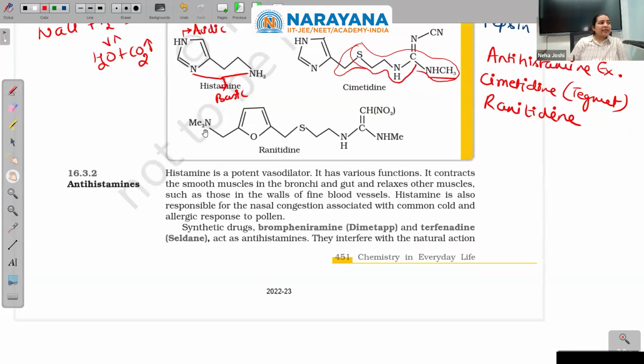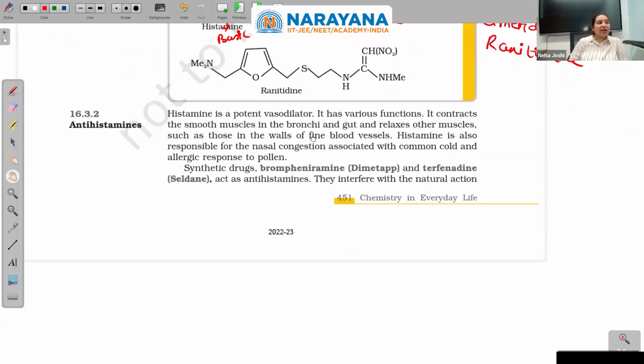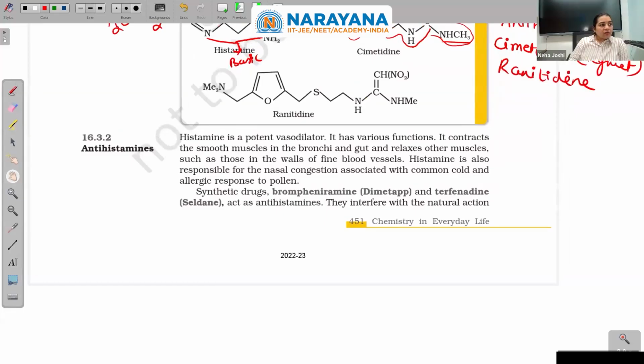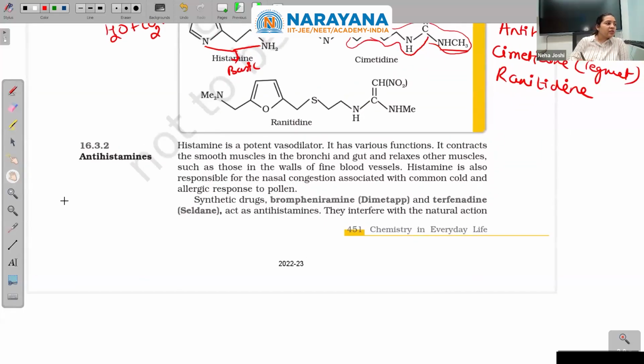Antihistamines. Histamine is a potent vasodilator. Now, what is this term vasodilator? For example, our vessels, veins and arteries, which carry our blood. Over a period of time, as in a simple pipe in the sink of a home, things deposit on the wall.